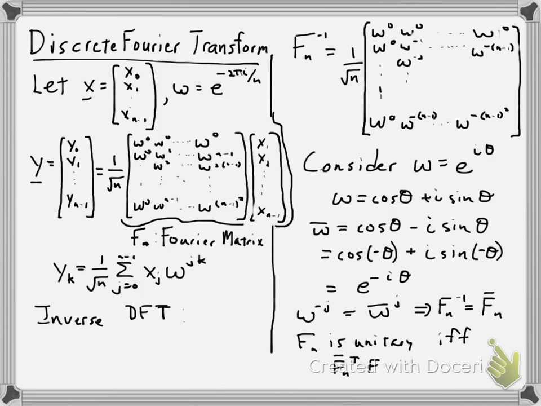This would be written in this notation. So the F sub n bar transpose is the complex conjugate transpose. So basically, not only do we transpose, we also take complex conjugates. And F sub n is unitary if this product is the inverse, which means that the inverse of F sub n is its conjugate complex transpose. This is analogous to an orthogonal matrix for real matrices.